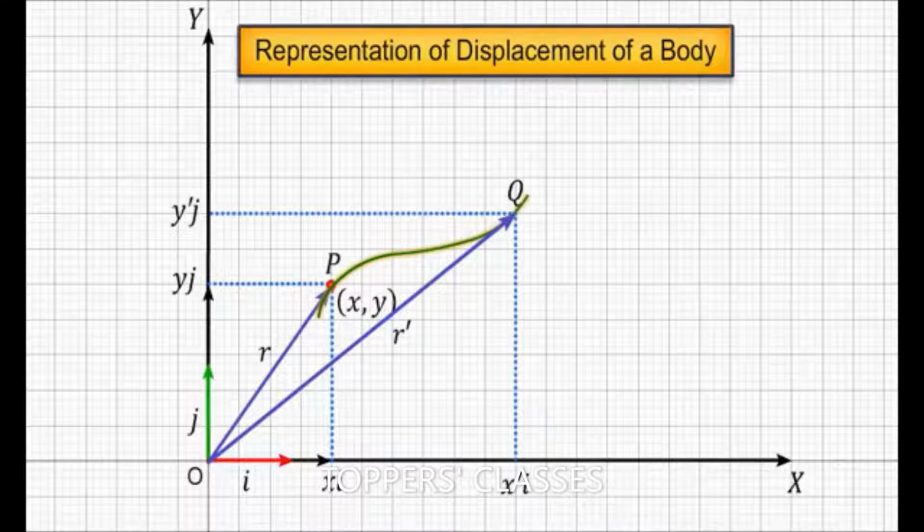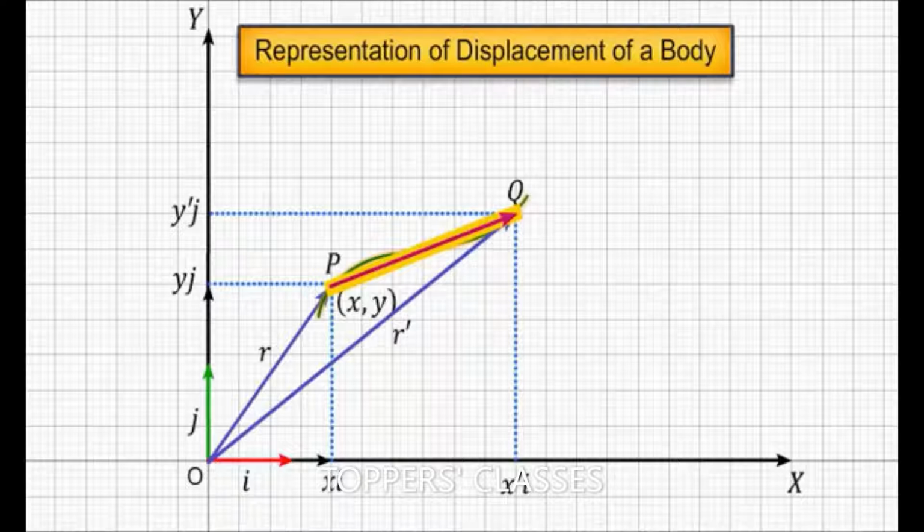Join P and Q with a straight line. Display an arrowhead at Q. This line PQ with its arrowhead represents the displacement vector delta r from the vector triangle OPQ.